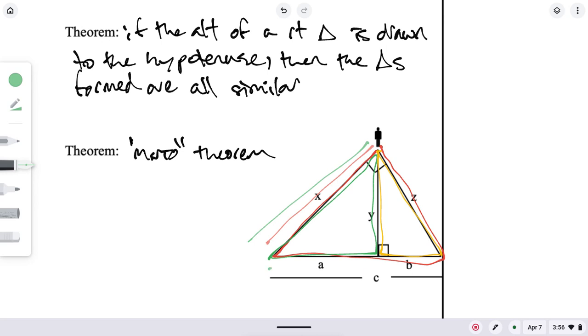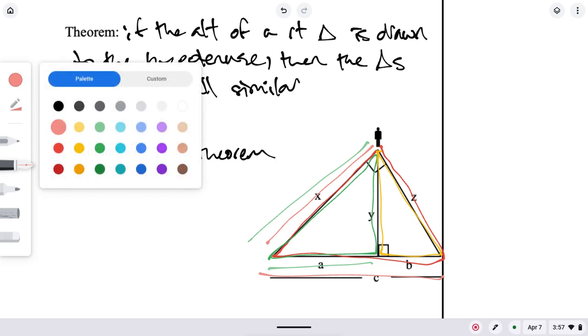He could either just take A across to that point in the hypotenuse where the altitude meets, or Mario could go all the way across C. A and X are part of the small green triangle. X and C are part of the bigger triangle.